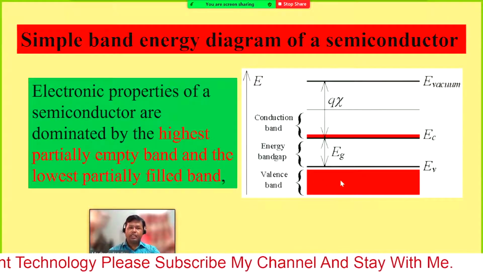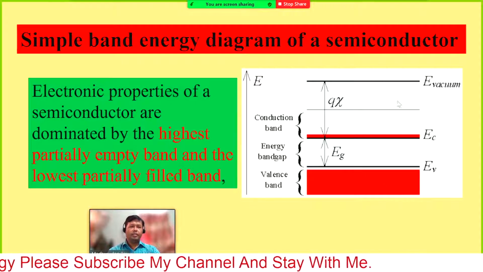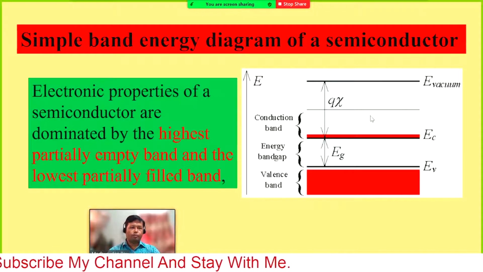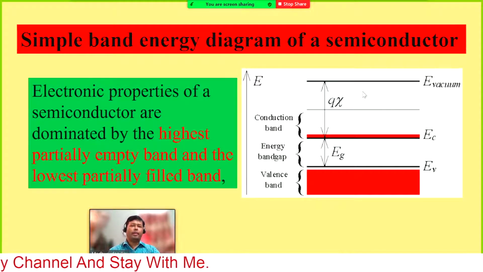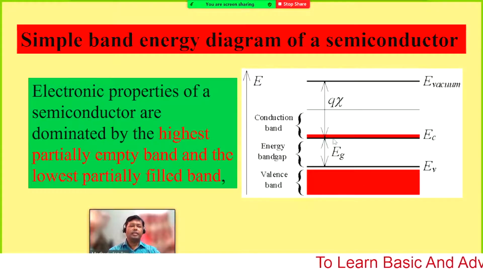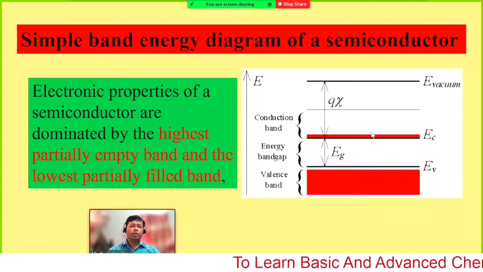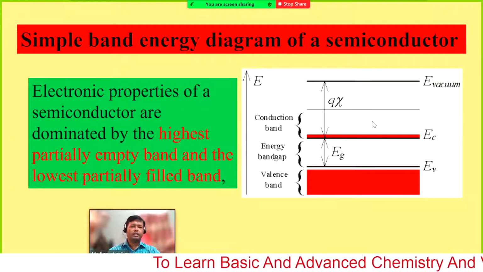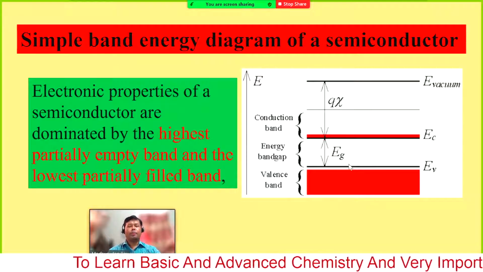This is our valence band, and this is our conduction band, and this is vacuum, that means outside our consideration. This red is the valence band and this is the conduction band, and this is the gap.